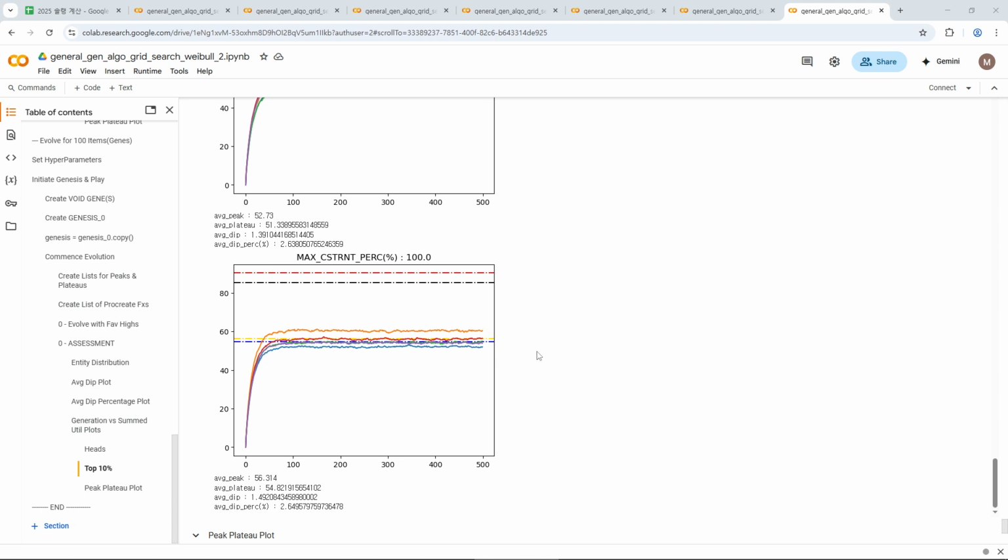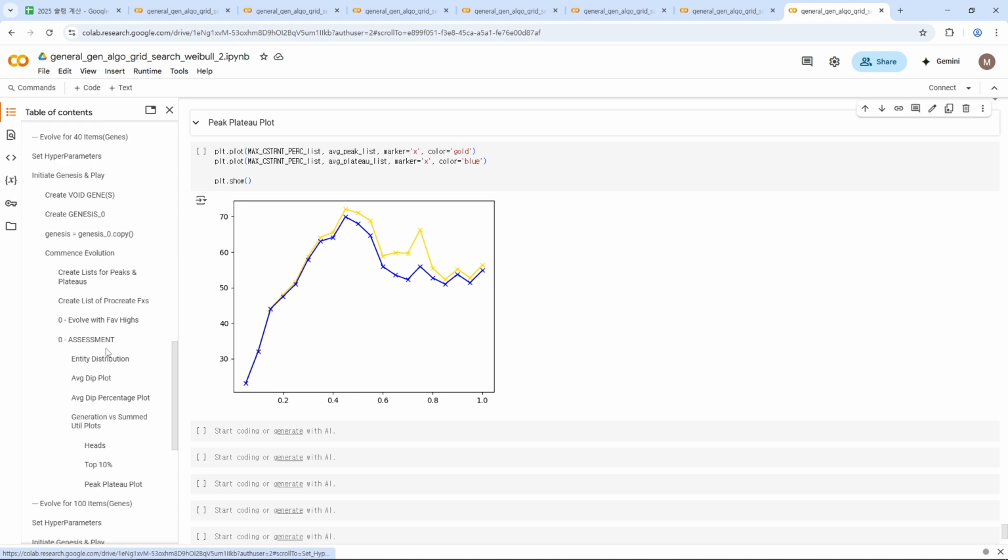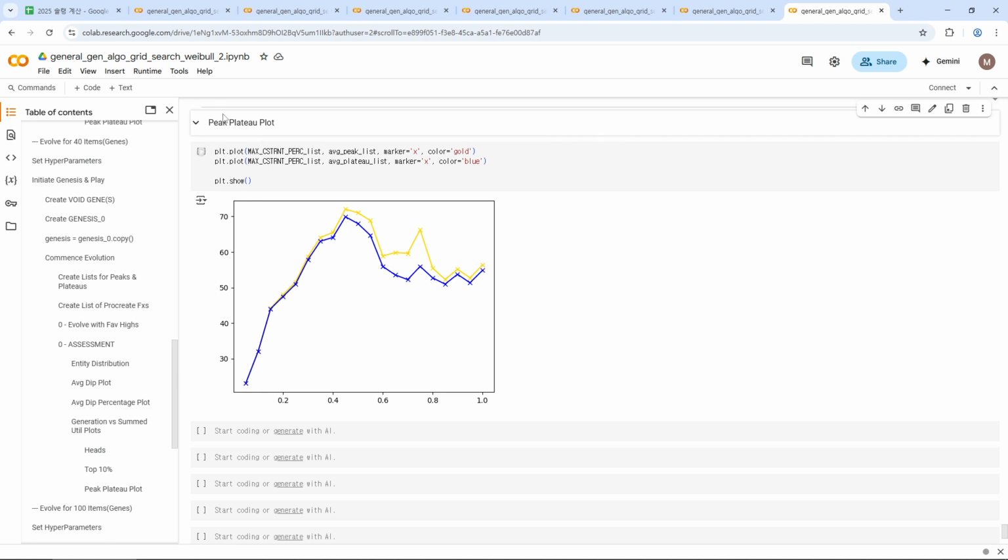And since I have seen that their behaviors are almost the same when we actually have the items and their values fixed, I should just stick to fixing the items, not sampling them every time per iteration. And secondly, the peak plateau plot, the PPP, I think this is a very useful plot.